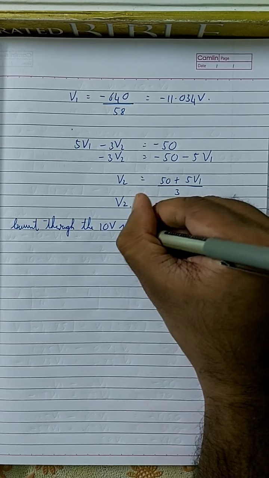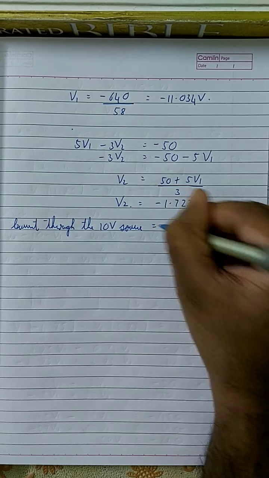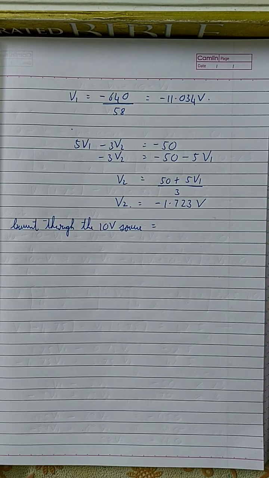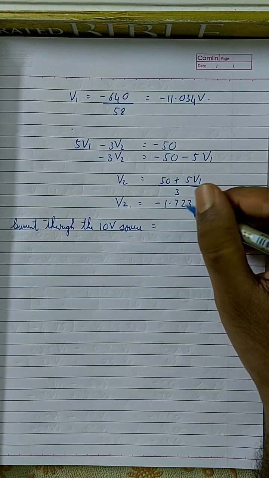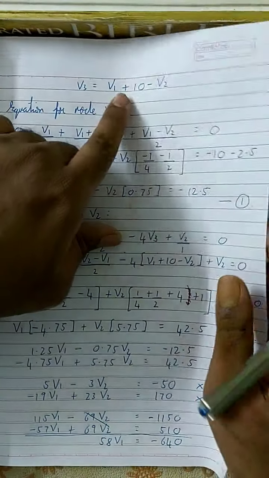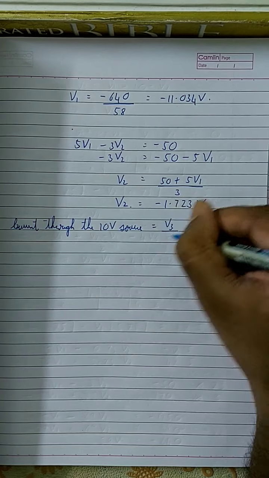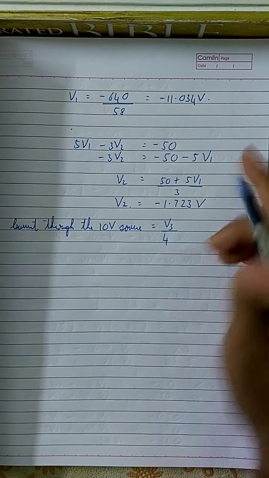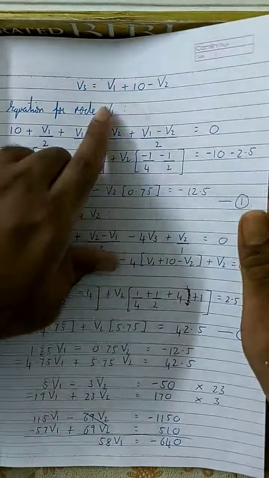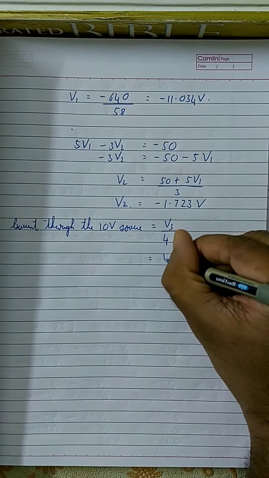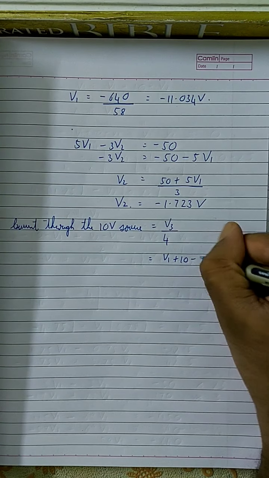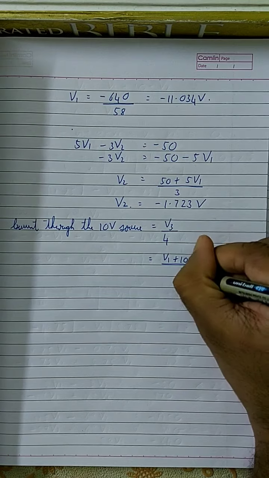And that is equal to the voltage across it, like I already told you. Voltage is nothing but V1 plus 10 minus V2, divided by 4.